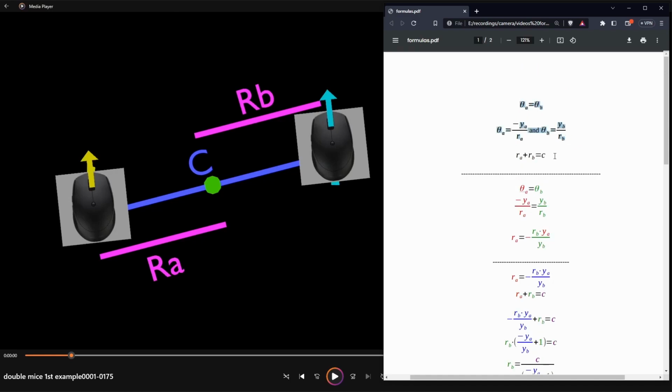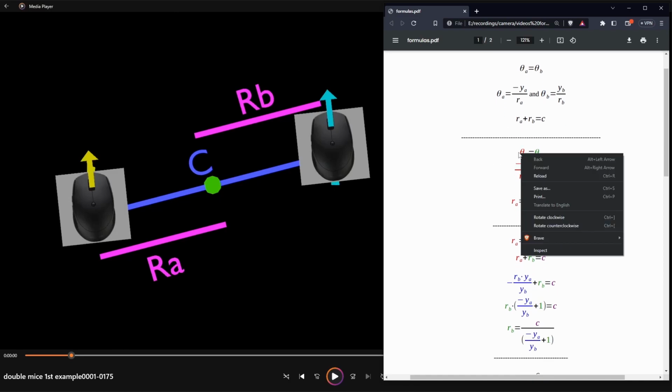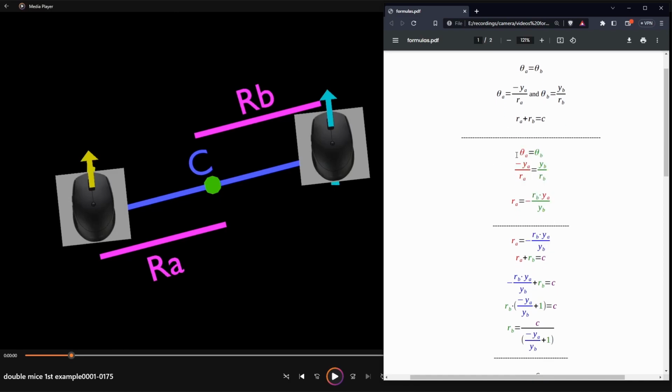So we can use these formulas. We have enough formulas here to relate YA to theta A, or YB to theta B directly. I've color-coded the two halves of the equation, and this is just direct substitution. So theta A equals negative YA over RA.